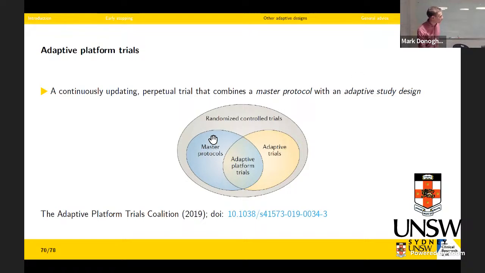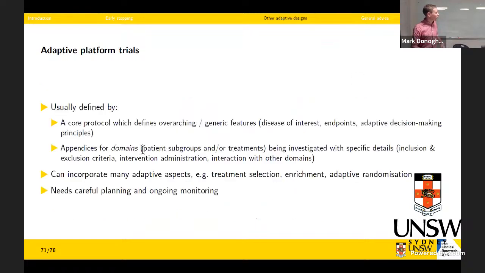So a master protocol is like the overarching, well, I've called it a core protocol here. So it's the overarching or generic features of the study. So, you know, what disease you're studying, what endpoints you're measuring, what principles you're going to use for making adaptive decisions. And then you've got these appendices for particular domains. So this might be a patient subgroup.